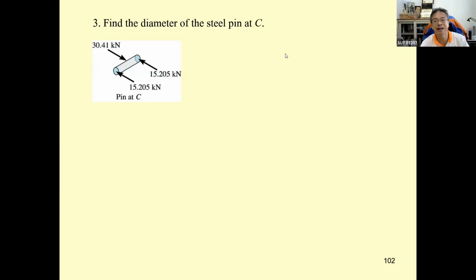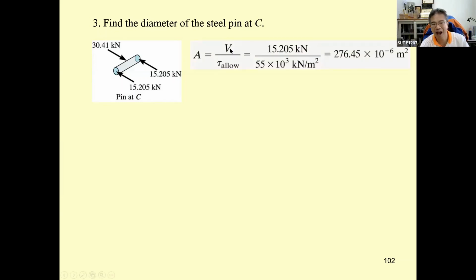Now, based on the equation that we have, we're going to determine the A, right? So by doing this, A equal to shear divided by tau allowable. You may compute based on kilonewton unit, or I recommend you may use this one in Newton, and then divide by the tau allowable. Tau allowable is going to be 55 megapascal.